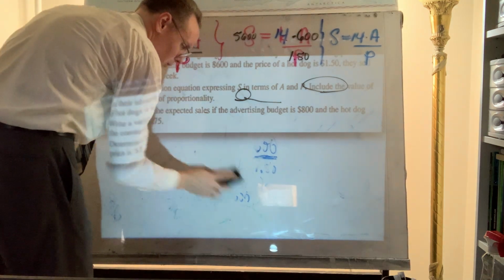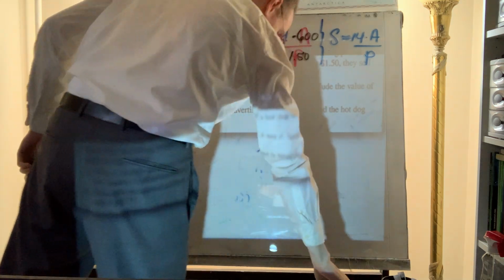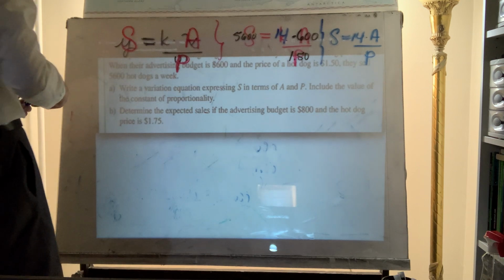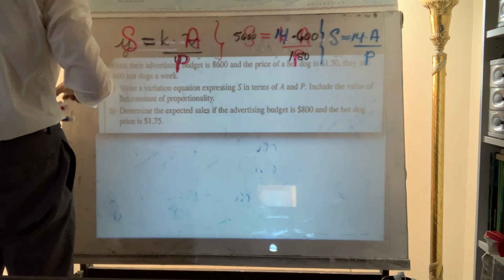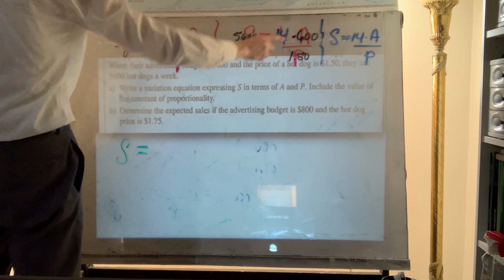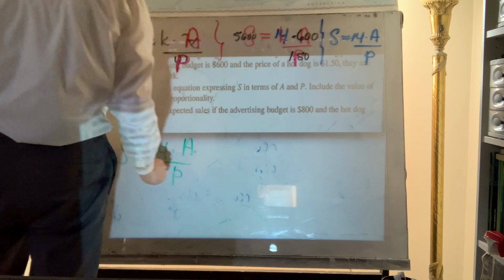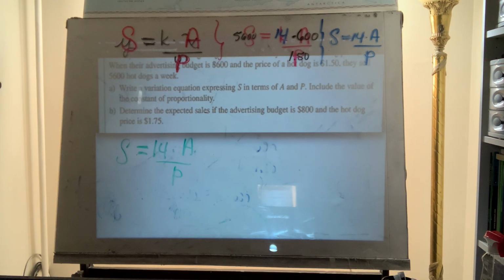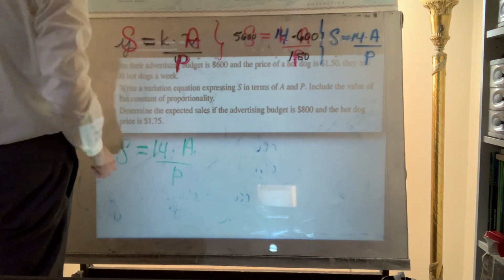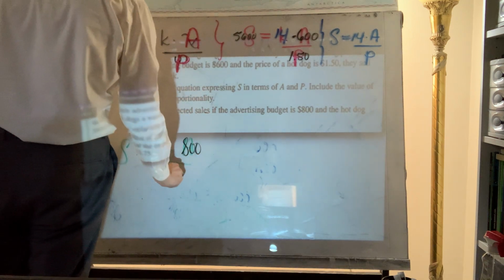So now we can, at will, insert specific figures here. If I put this maybe in green, S is equal to 14 times the advertising budget over the price. And we know specifically that they want to calculate the expected sales with an advertising budget of $800 and a price of $1.75.